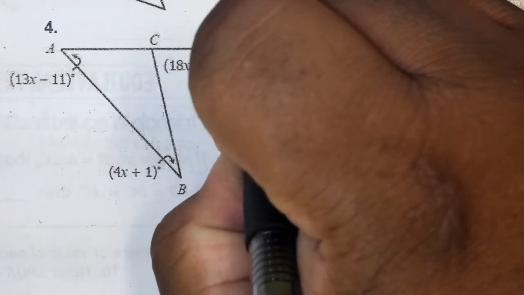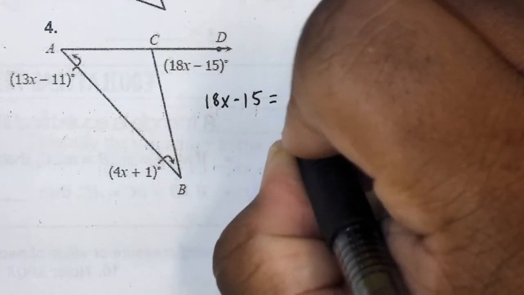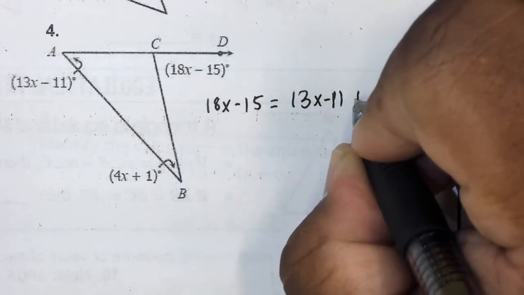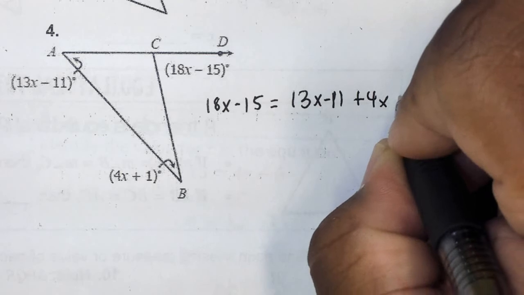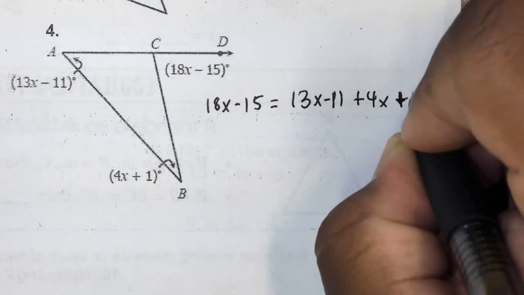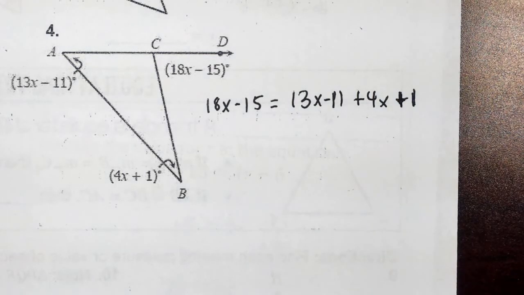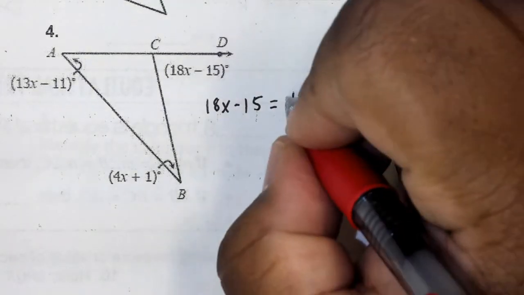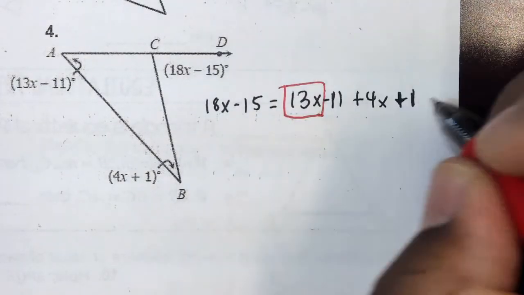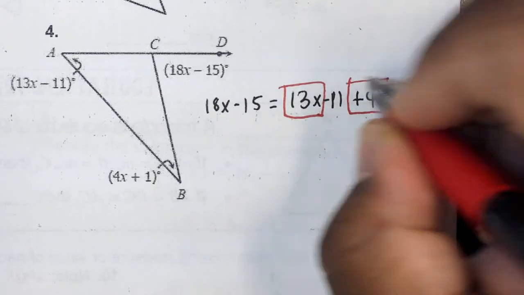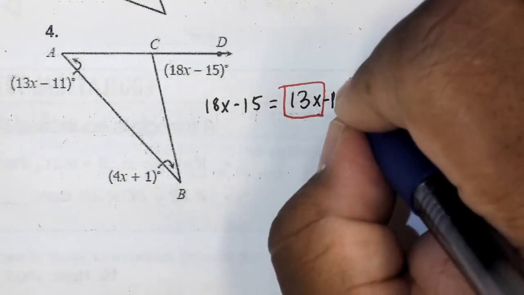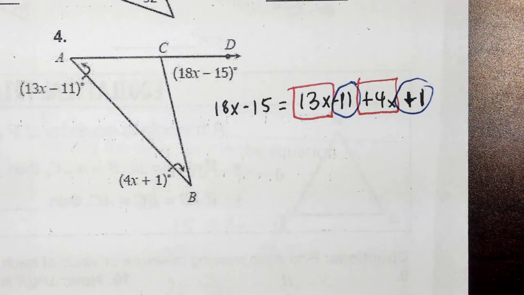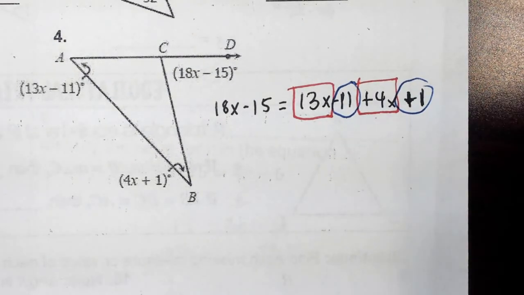18x minus 15 equals 13x minus 11 plus 4x plus 1. So on the left side, that expression is by itself.